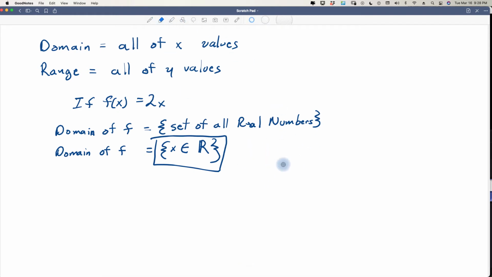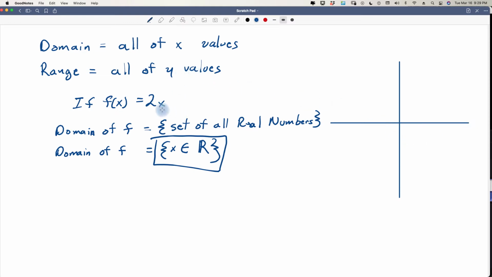So let's continue with the range. What is the range going to be? So if x can be anything, then I think that the range can be anything. Let's graph it and see. Let's make sure. So here's our little graph. We'll go ahead and just knock that out.